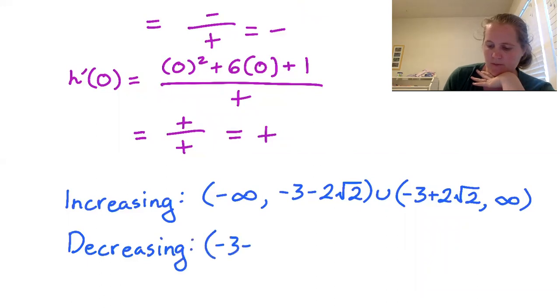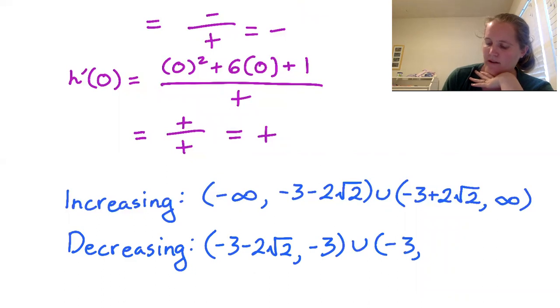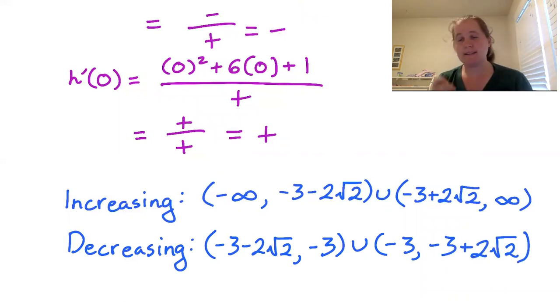And then we're decreasing from negative 3 minus 2 root 2 to negative 3, and then again from negative 3 to negative 3 plus 2 root 2. It turns out the actual function in this case has an asymptote at negative 3, so there will legitimately be a break in the function.